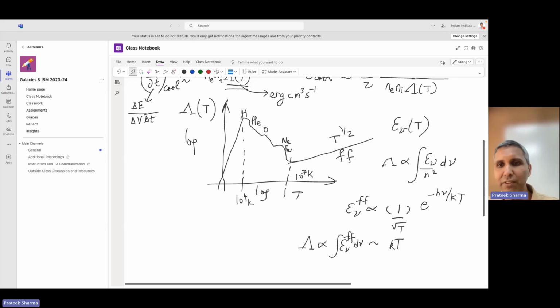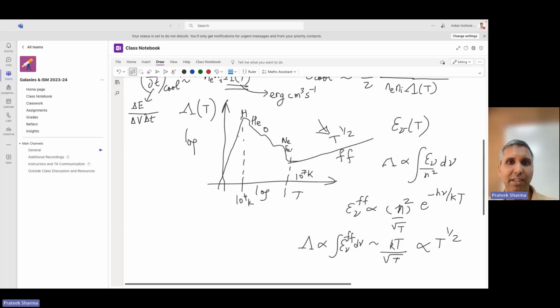So it's basically kT over square root of T, which is proportional to square root of T. So if you draw the plasma emissivity as a function of frequency, it has this dependence on T and nu. There's of course this n squared, which I'm just ignoring.